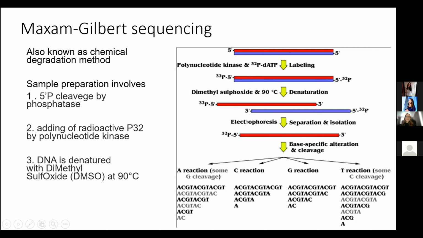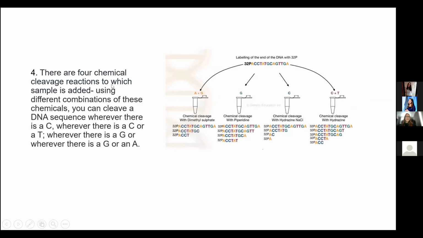Then the DNA is denatured with dimethyl sulfoxide at 90 degrees, and then we have, similar to before, four chemical cleavage reactions. Using different combinations of these chemicals, we can cleave the target DNA in specific places.